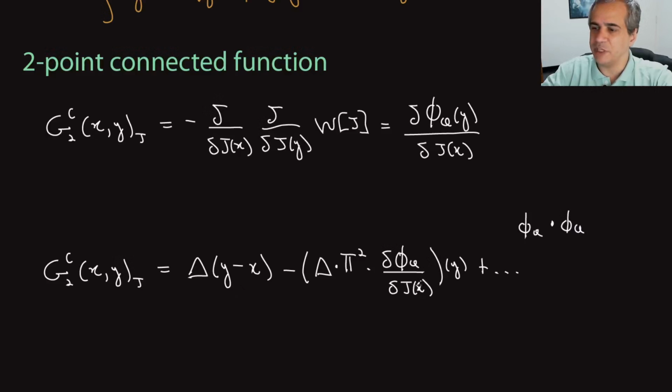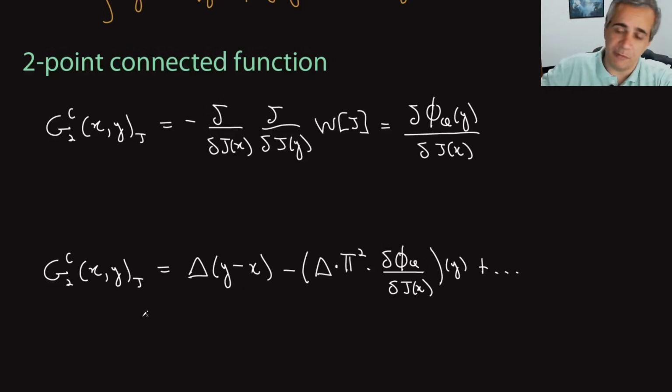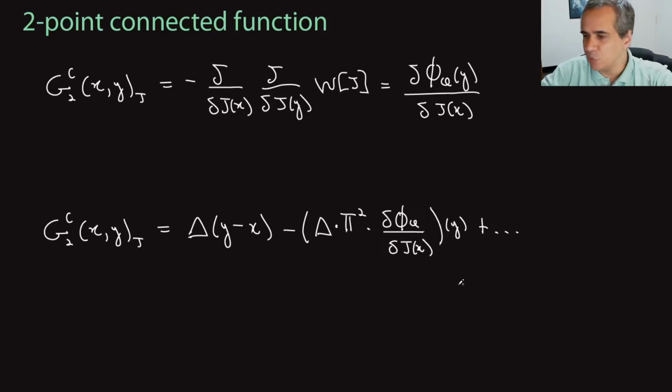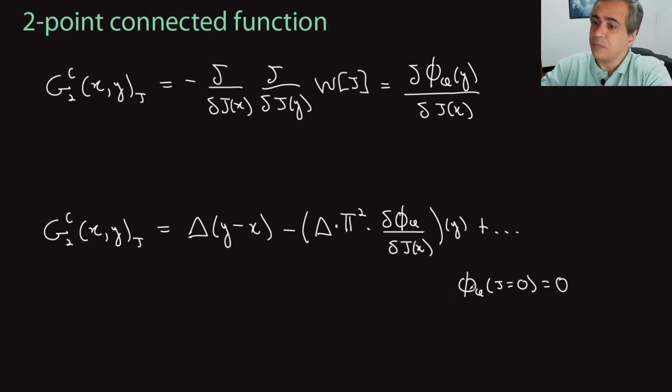So when I differentiate in relation to J, one of these phi classicals is left undifferentiated. And that means when I make J equal to 0, which is the next step, I have to wonder. For most theories, it is true that phi classical of J equals 0 is also 0. This is true for all theories that have a trivial vacuum, where if I remove external sources, the vacuum is just 0.